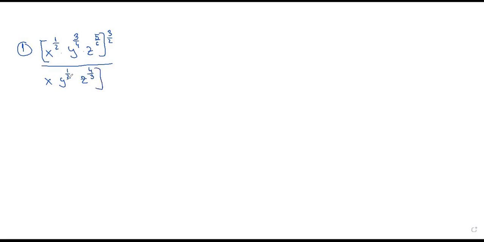I will give you x to the power of 1 over 2, y to the power of 3 over 4, z to the power of 5 over 6, everything to the power of 3 over 2, over x, y to the power of 1 over 2, z to the 4 over 3, everything to the power of minus 1 over 2.